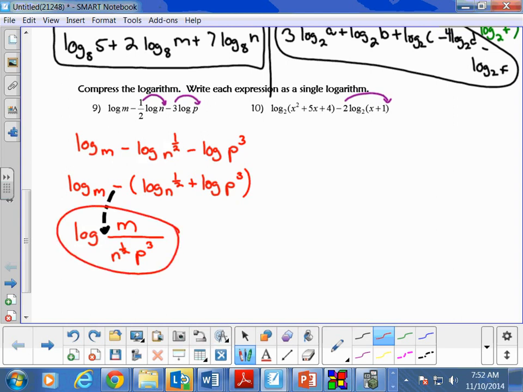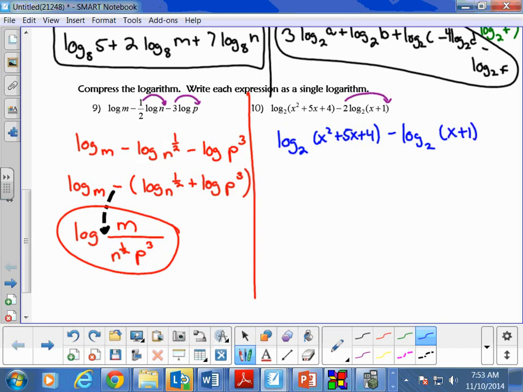Now let's go ahead and move on to this one. With this one, first we have to move that part of it. So let me go ahead and do this. Log base 2 x squared plus 5x plus 4, and we also have minus log 2x plus 1 squared.